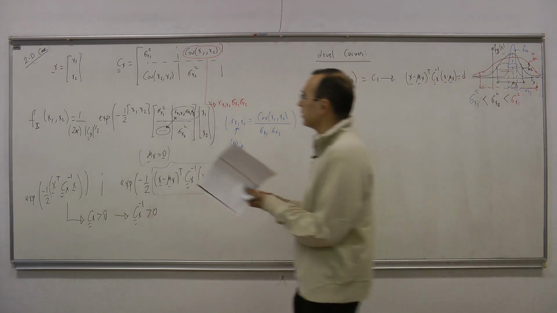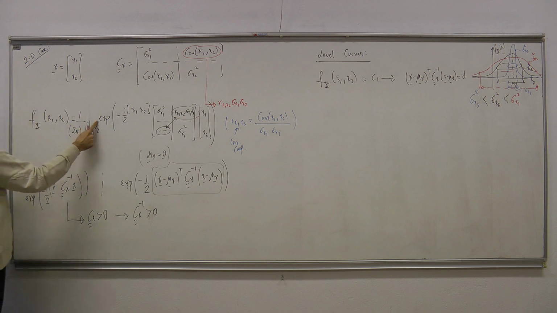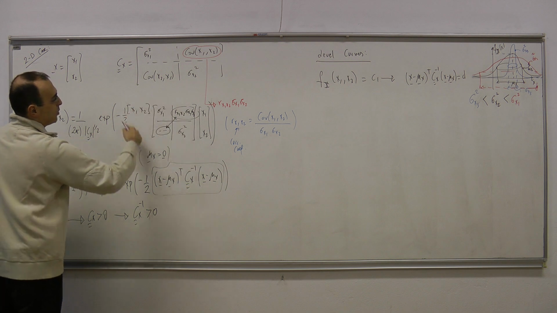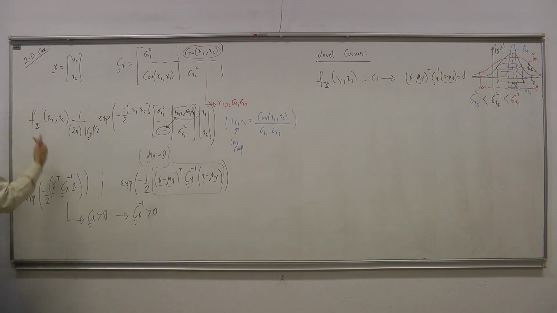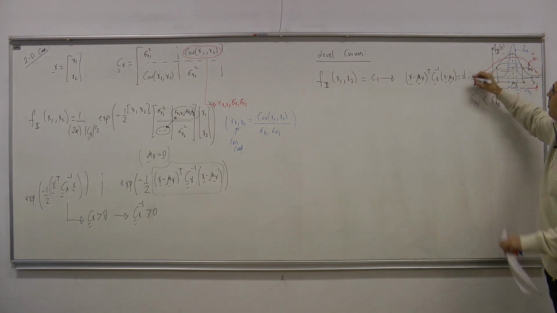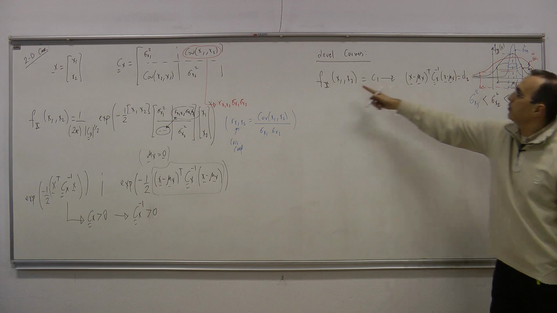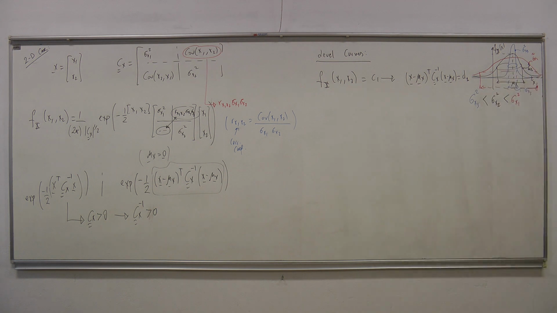The reason is, in this density, these are just constants. So if I equate this part to C1, then I can do this multiplication, then I can take the logarithm, then I can multiply by -2 both sides. So this quadratic form should be equal to another number. If this is equal to C1, then there is a D1 value for which, when this is equal to D1, I automatically get this equal to C1.